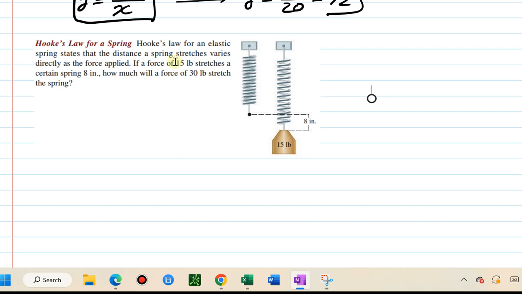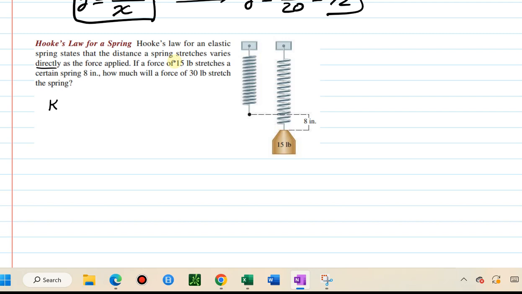So you would expect the answer to be twice as it used to be, right? Now the 8 inches is beyond the spring's natural length. Remember, this is the spring's natural length. That means before any force is applied to it. Okay, so we're told that it varies directly. That's all we need.